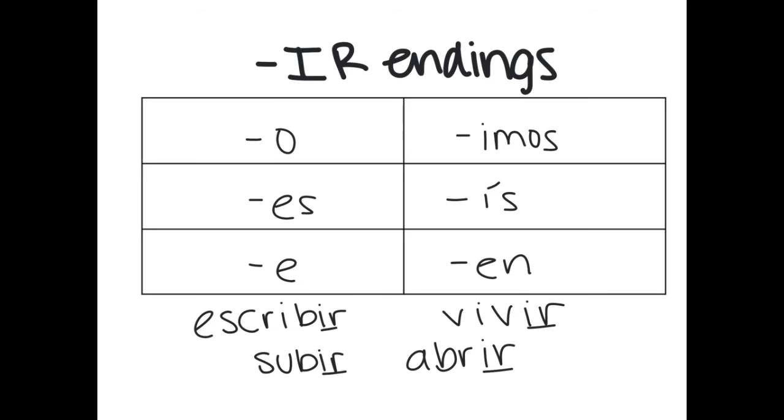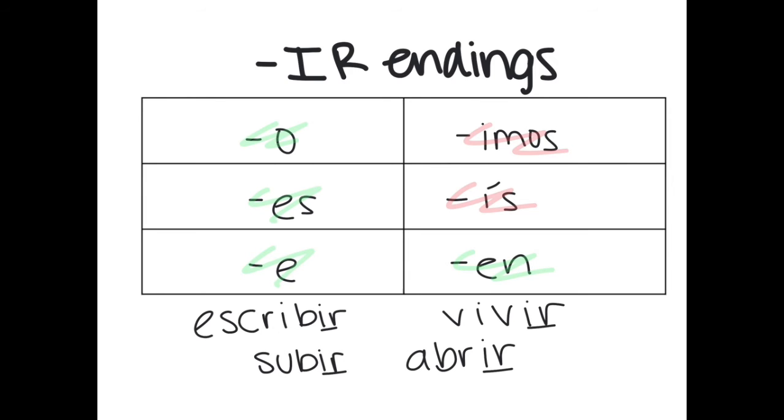So now if you recall back to the ER endings, these in the boot here, the O, es, e, and en, are all exactly the same as the ER endings, and the only two that are different are the imos and the ís. So that can help you remember the ER and the IR are super similar, except for the IR ends in, for nosotros, imos, and for vosotros, ís. Well, for ER, it's emos and éis.